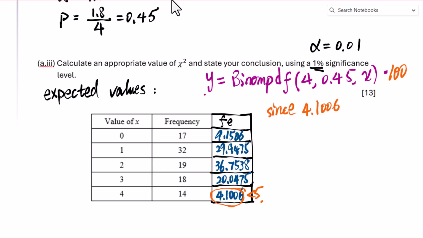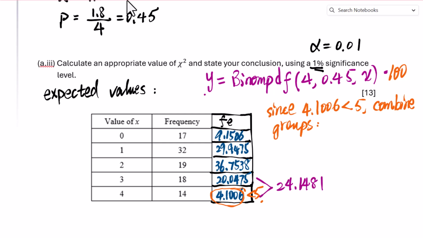Since 4.1006 is less than 5, combine groups. We need to add these two together. Then we need to combine these two also. 32.